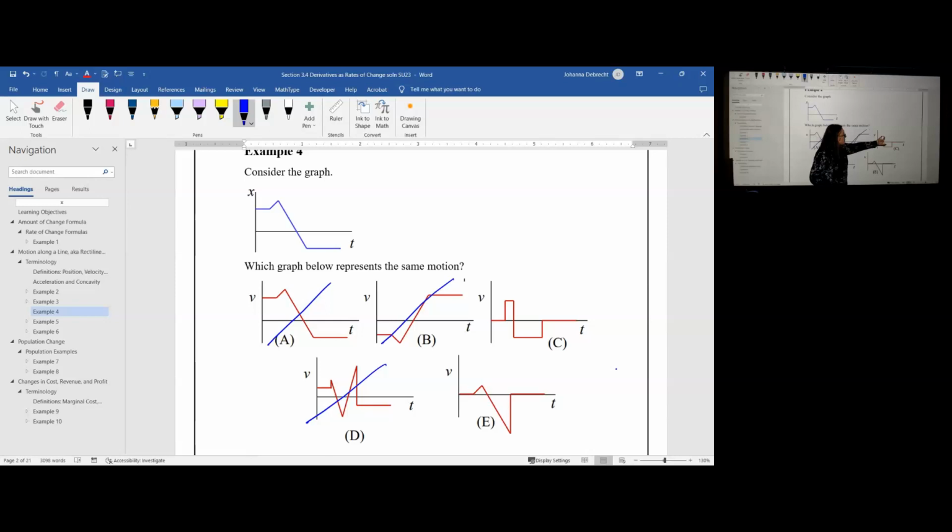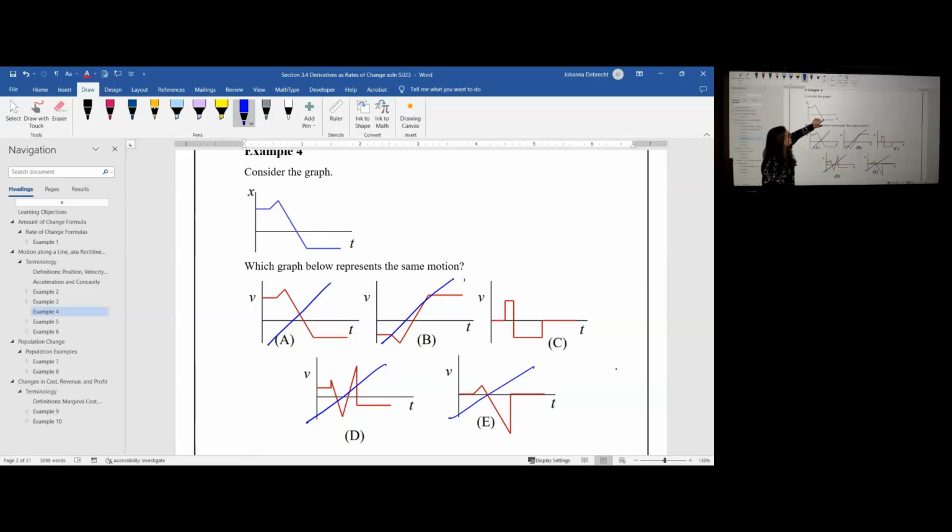This should be the graph C. We can see here it's a horizontal section, meaning the velocity is constantly the same value, but positive because it's above the t-axis. This part would indicate that it was changing, and because the velocity is not constant, it wouldn't correspond to a linear segment in the graph of the original. E is out. We've eliminated all but C, but let's check to make sure it meets our expectation.